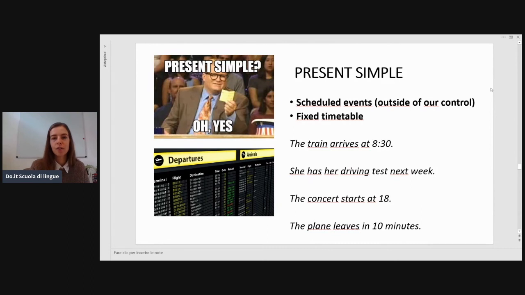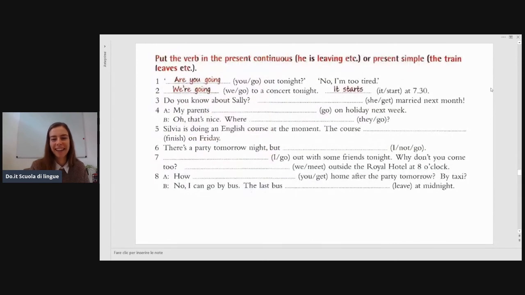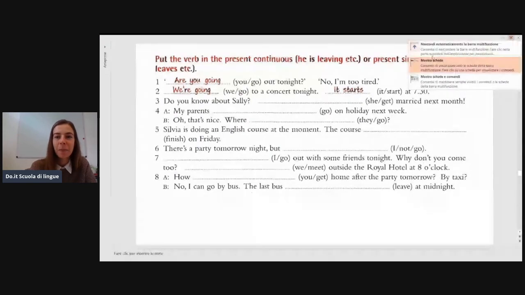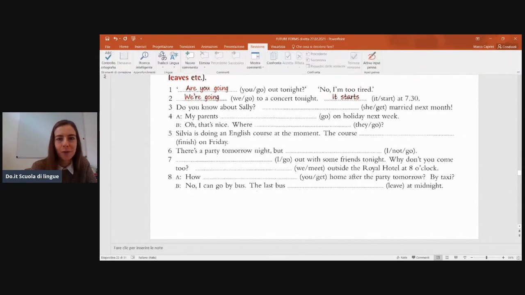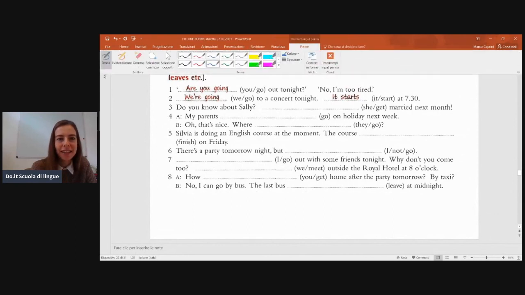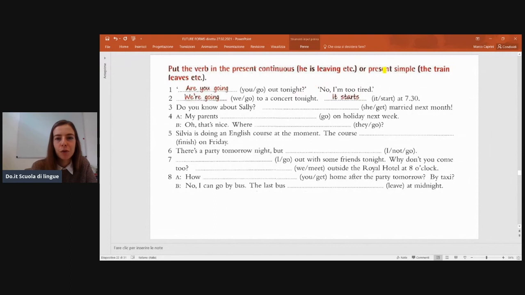Very good. So, guys, we are going to dedicate the last minutes to the exercises, right? So in this exercise, again, I need your help to fill it in, to complete these sentences. And we have to use present simple or present continuous, ok?